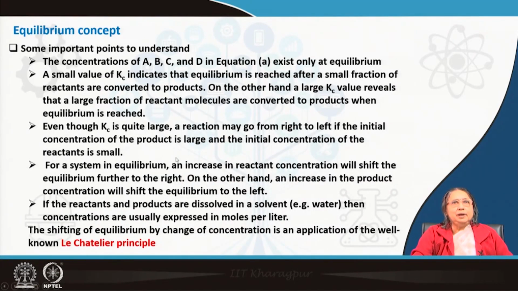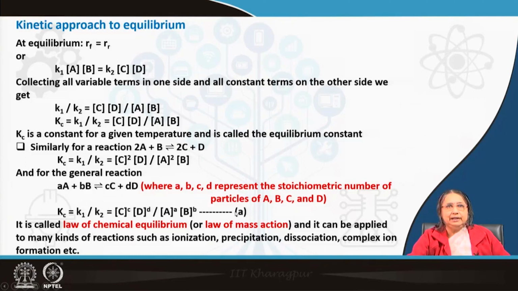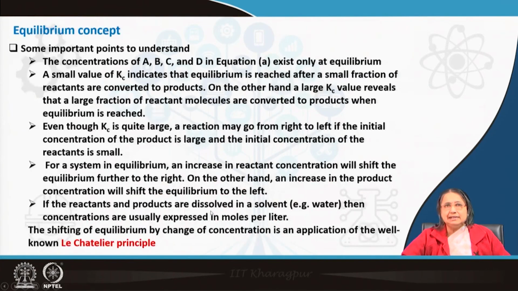Now, in the equilibrium concept, there are some important points we have to understand when we go for the equilibrium expression. For example, the concentrations of A, B, C and D in equation A exist only at equilibrium.